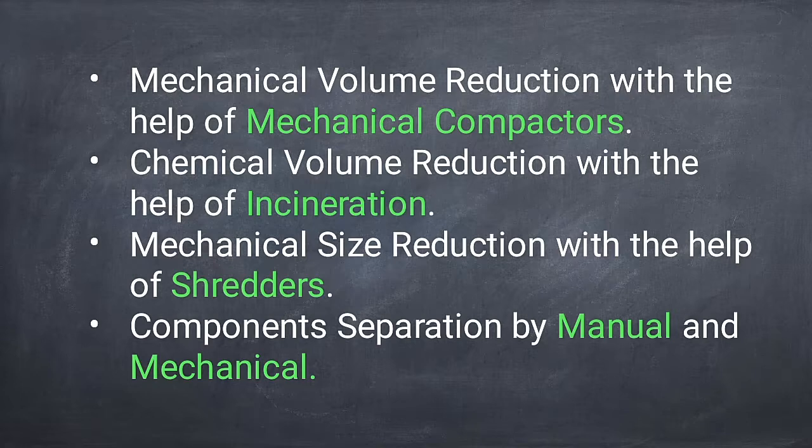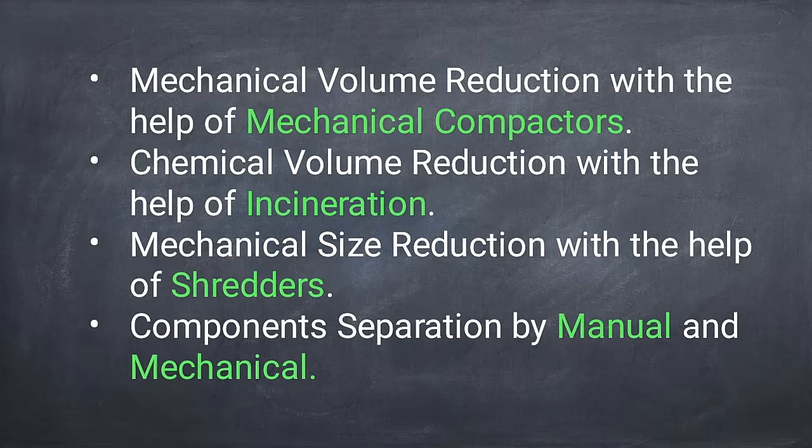In the case of mechanical volume reduction, it takes place with the help of mechanical compactors at the site of disposal, the place where all the waste is dumped or collected. There the mechanical compactors are used so that it reduces its size, so that other fresh materials can be placed on it and again compressed, if there is a huge quantity of waste generation.